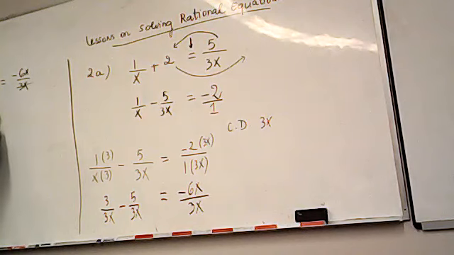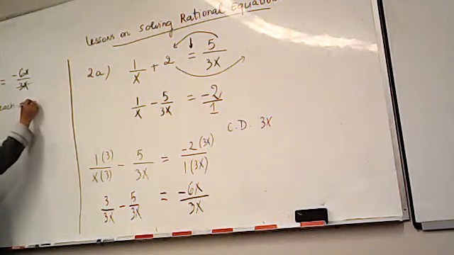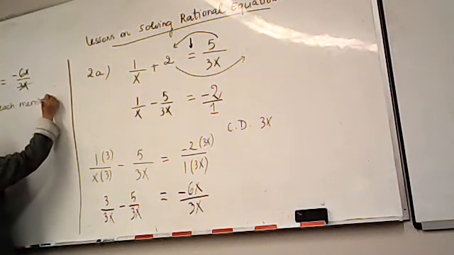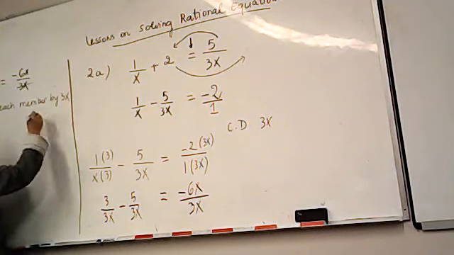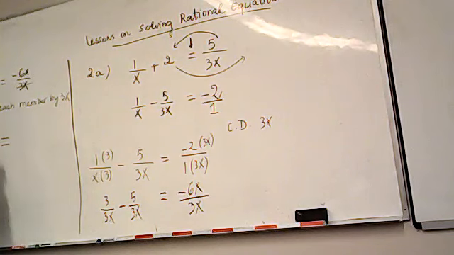Multiply each member by 3x. The scale stays balanced if you do exactly the same. So on the top, to get rid of this one, you have to times it by 3x on top so that you can cancel. Now, you're not going to do it for just this one, you have to do it for this one as well.